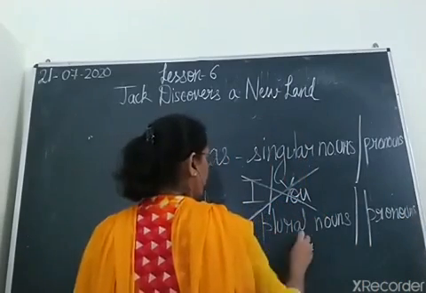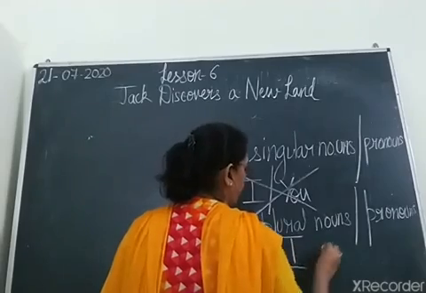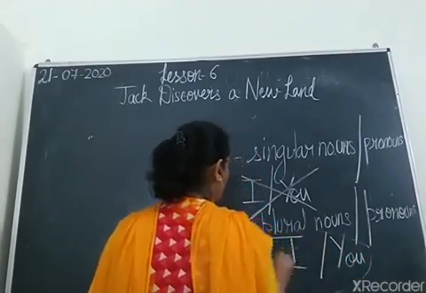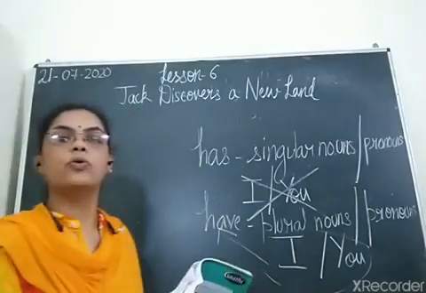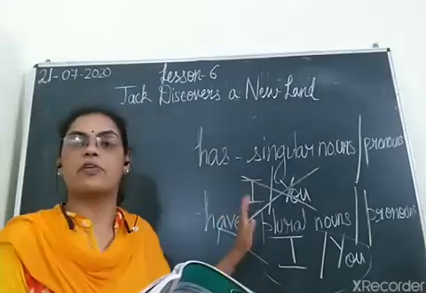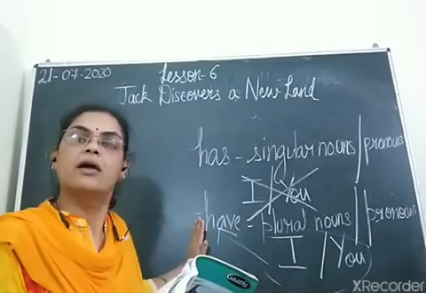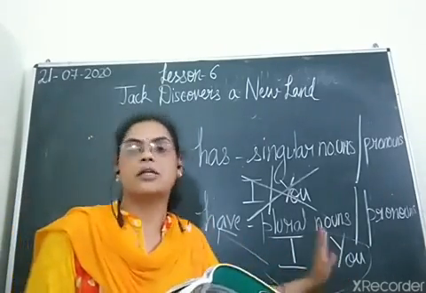And also with I and you. I and you का best friend कौन है बेटा? Have है. I and you का best friend कौन है? Have. He says, I just want to be with I and you. Have I and you का सबसे अच्छा फ्रेंड है.